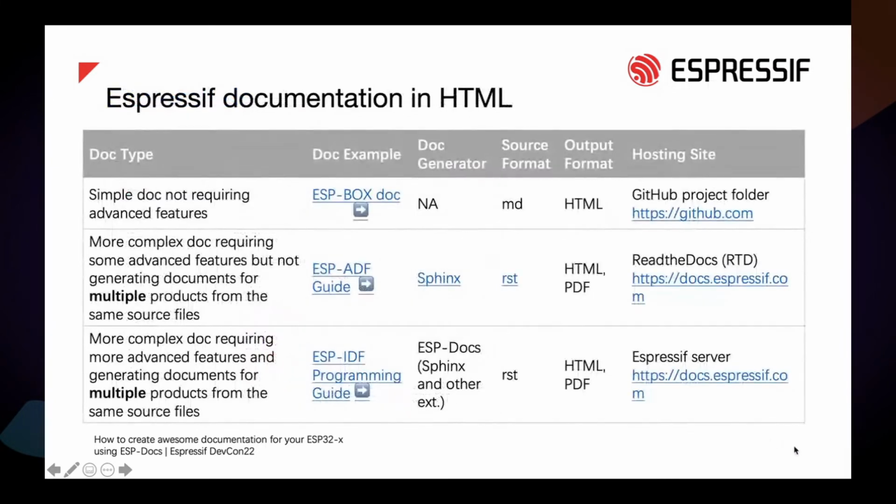But if you need to develop an even more complex documentation that requires more advanced features and generates documents for multiple products from the same source files, such as the ESP-IDF programming guide, then ESP Docs is your answer. This type of doc is also written in RST format, but built by ESP Docs into HTML or PDF and then hosted on the Espressif server.